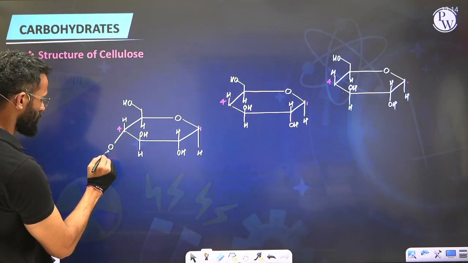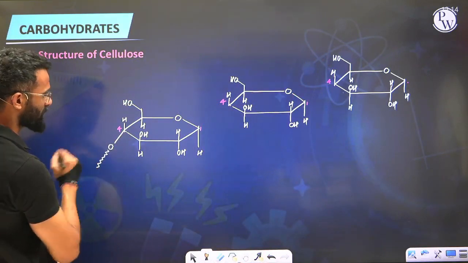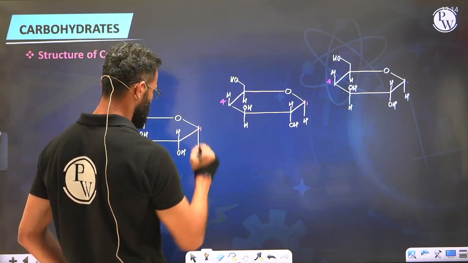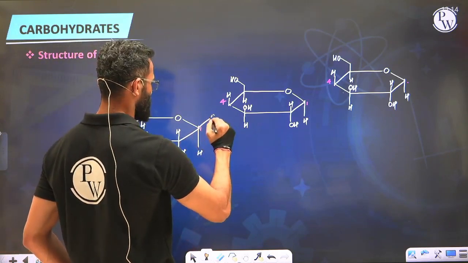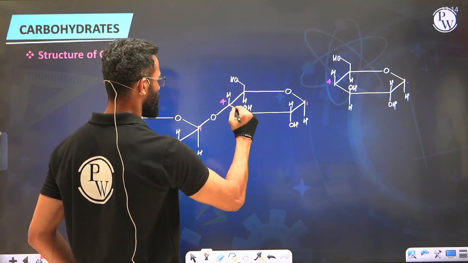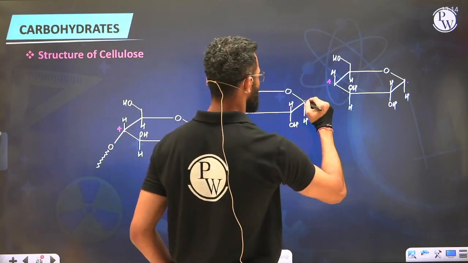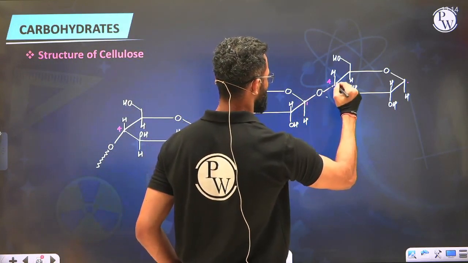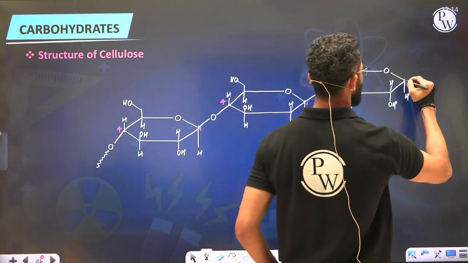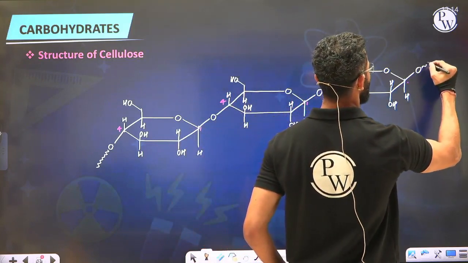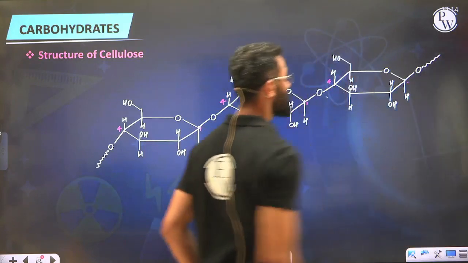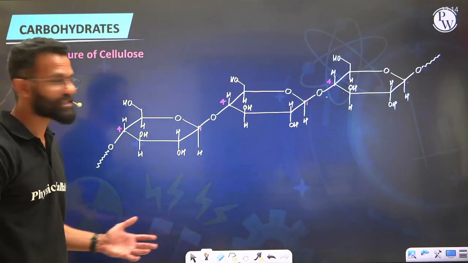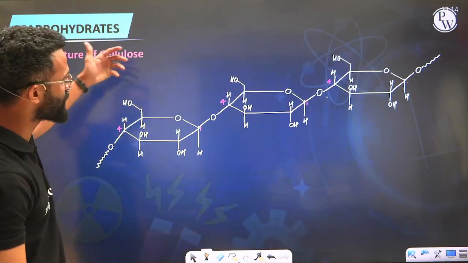O connected further, O connected further, O connected further. This O will be connected further, and you will get the polymeric chain. So guys, this is how the structure of cellulose will exist.